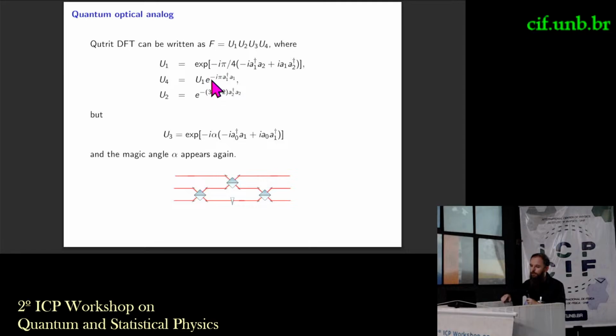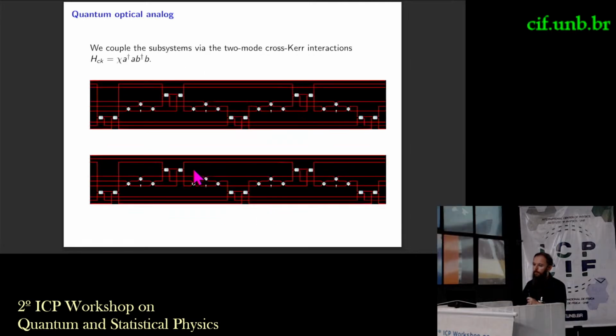Three of them are very simple because they are just phase shifts or balanced beam splitter operations. But the third one has this magic angle again. So it appears again in a completely different context. And this is the diagram for the Q-trit Fourier transform.